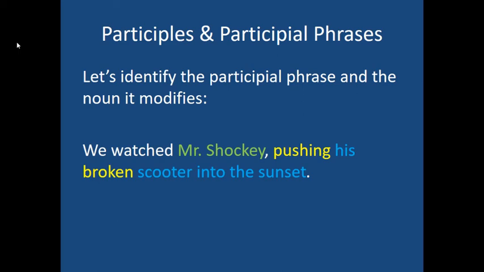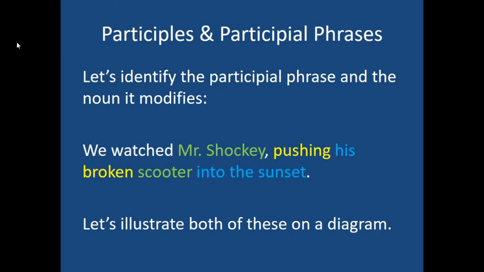Broken is an individual participle describing the noun scooter. So broken describes scooter, pushing describes Mr. Shockey, and then collectively the whole participial phrase, pushing his broken scooter into the sunset, actually all describes Mr. Shockey. This is a little easier to see on a diagram. So let's go back and diagram these two example sentences so we can understand what a participle looks like as well as a participial phrase.